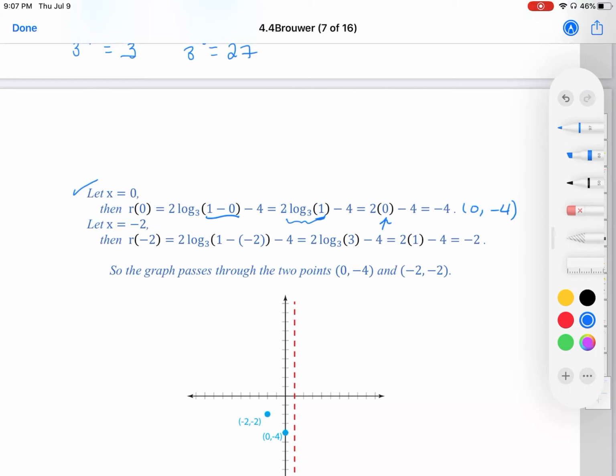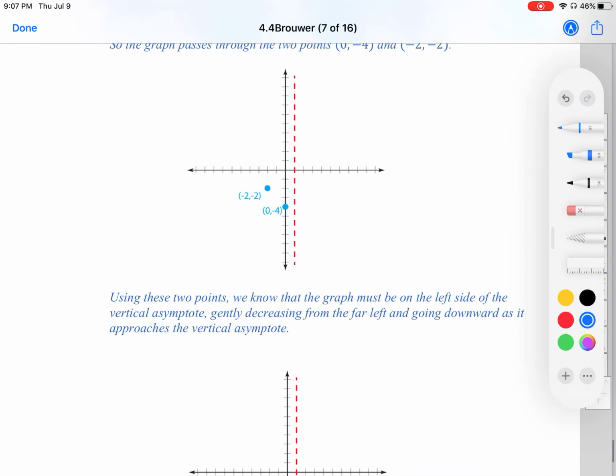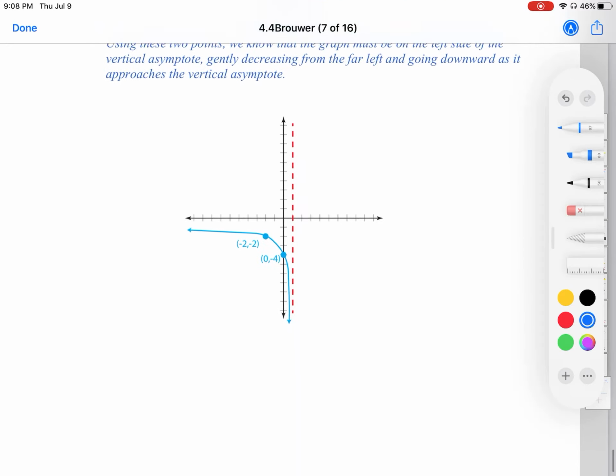If I pick negative 2, it makes this 3. So I'm left with log base 3 of 3, which is 1. So I have 2 times 1 minus 4, which gives me negative 2. So I have negative 2, comma negative 2. Remember, one gets closer to your asymptote and the other one pulls away. So our graph looks like this.